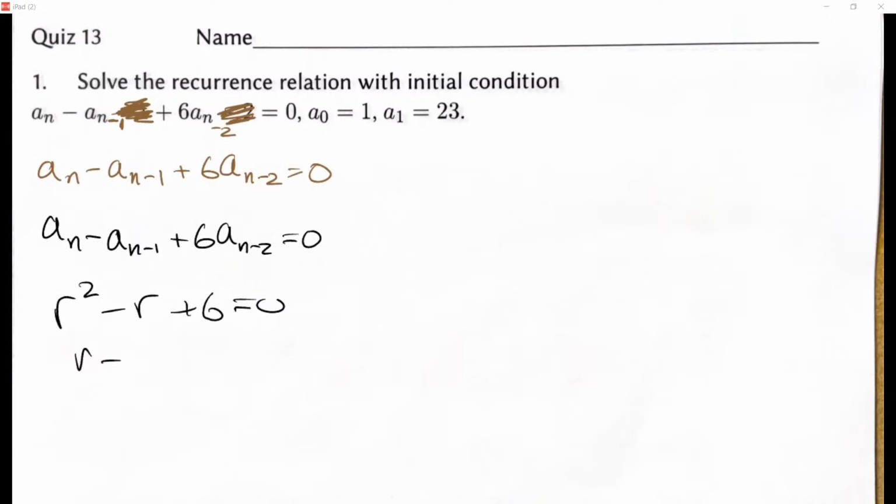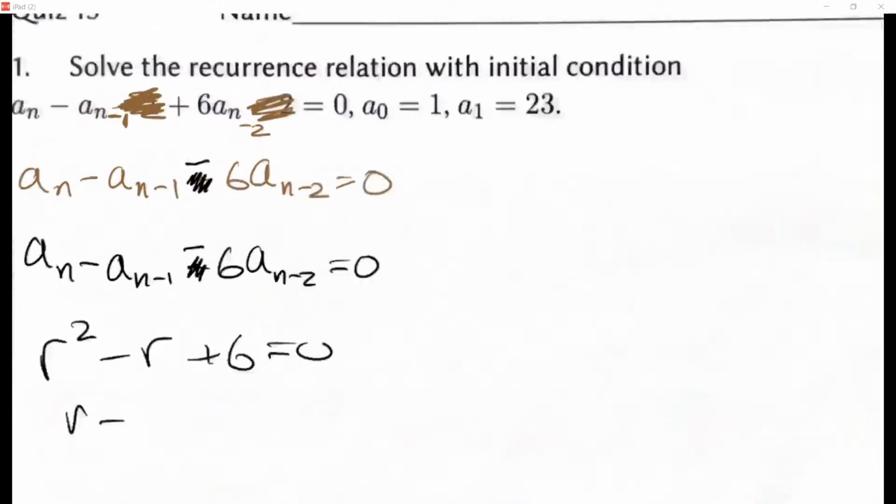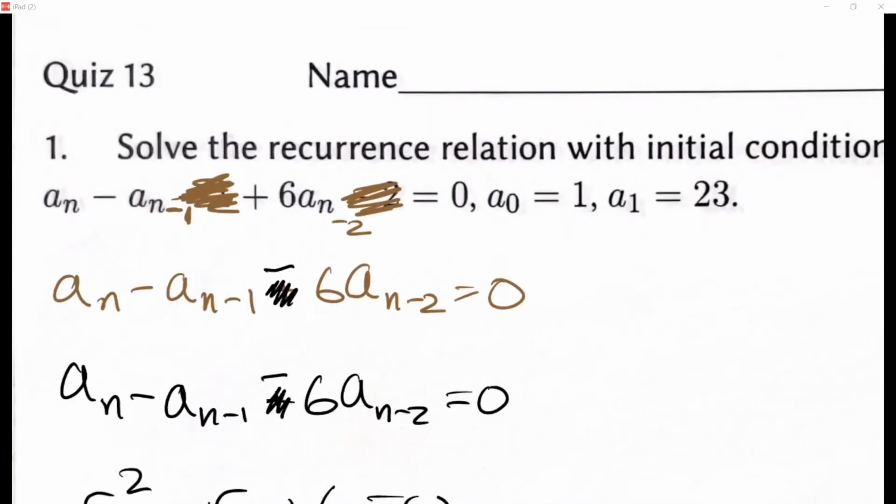Oh, crud. Doesn't factor. What's wrong with me? No, it doesn't. Apparently there's multiple typos. Let me fix. There we go. Let's do this. Sorry. We'll just start fresh and try this.